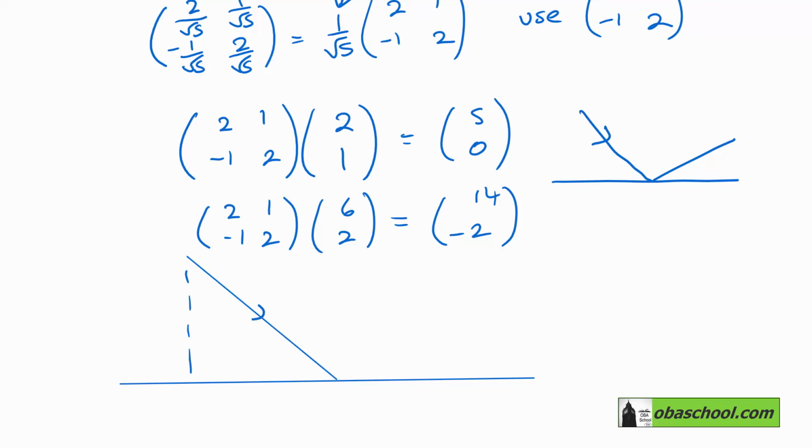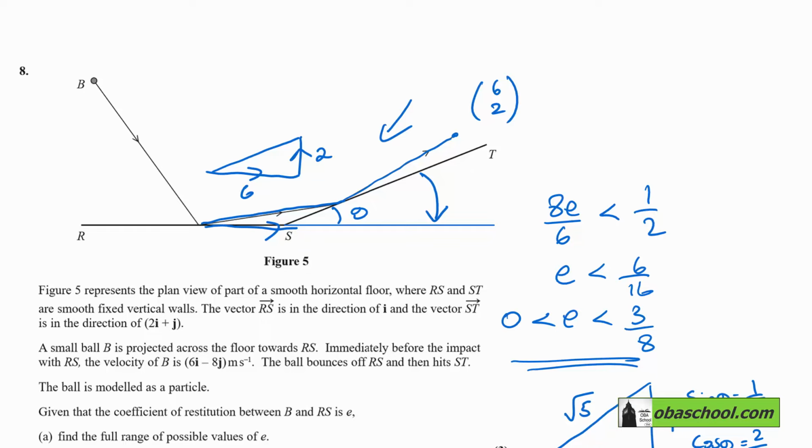We were told in the question that for this one, E is a half. So now that we have it nice and horizontal, which is why we did all this rotation, this is still going to be 14. That's just going to be a half of 2, which is 1. And we are after this velocity vector. But of course, we can't just give it as 14, 1, because we need to rotate back so that it's this vector here and not our rotated vector.